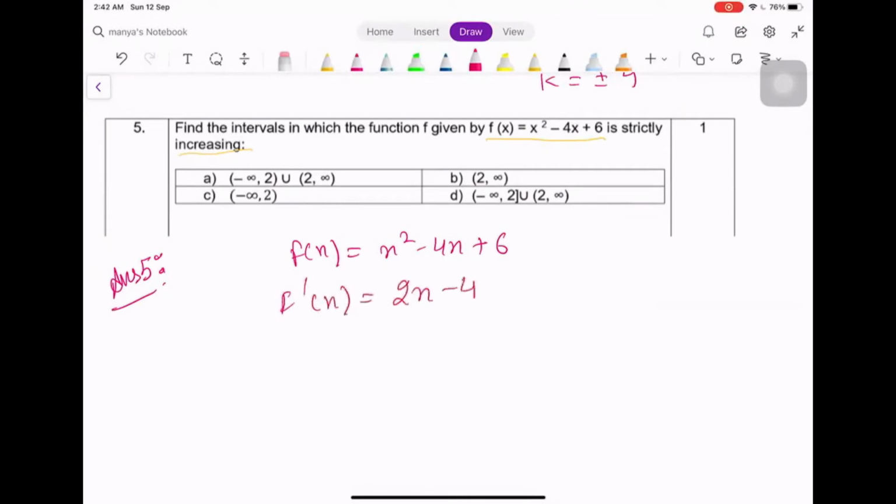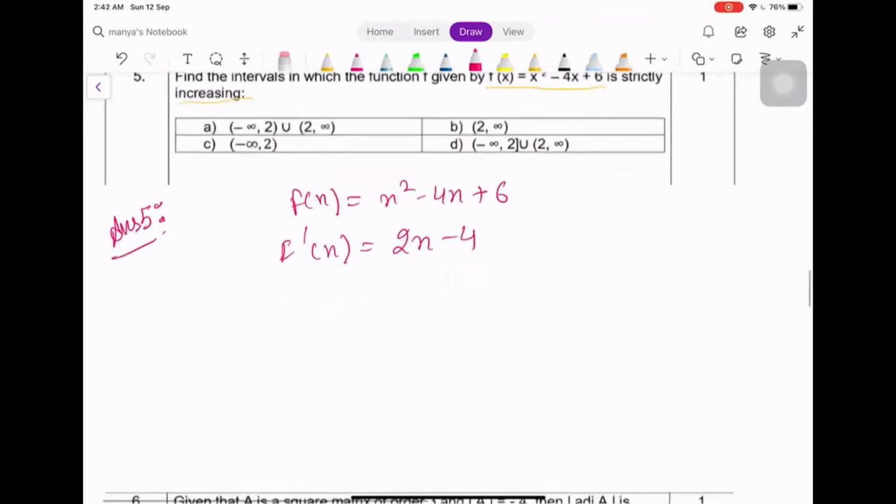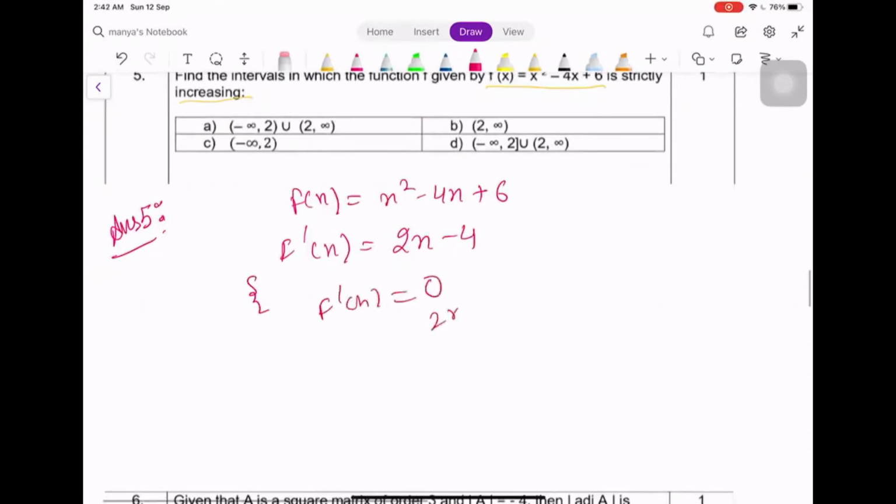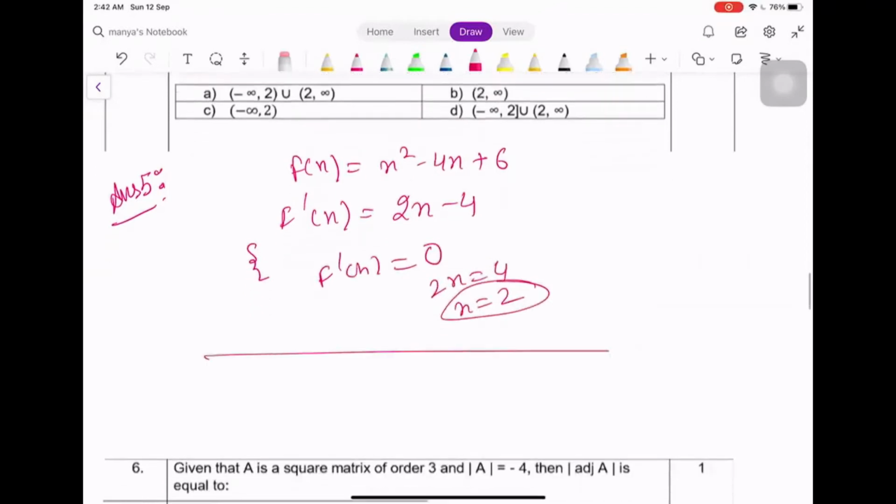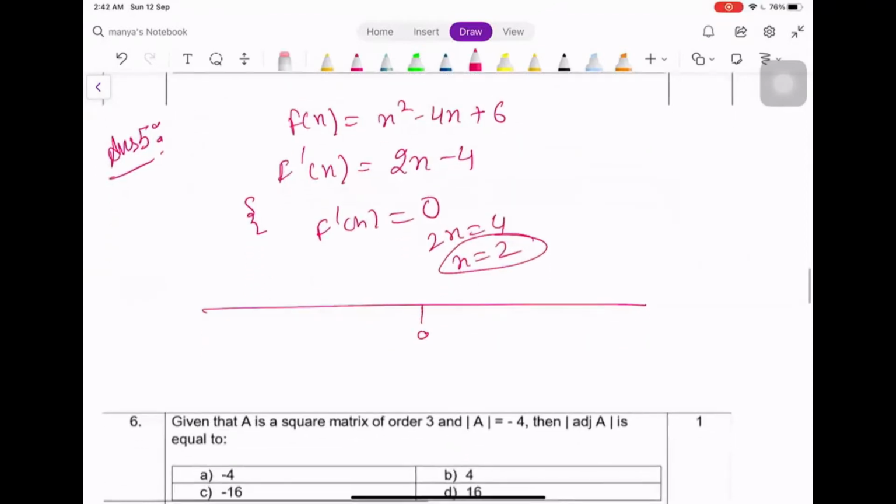f dash x is 2x minus 4. For increasing and decreasing, you can write here f dash x should be equal to 0. So 2x is equal to 4, x is equal to 2. So we can make the number line. Here is 2, here is plus infinity, here is negative infinity. We just need to put the values and see, and you will observe this is positive and this is negative.